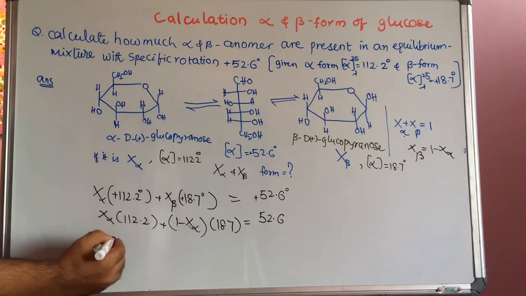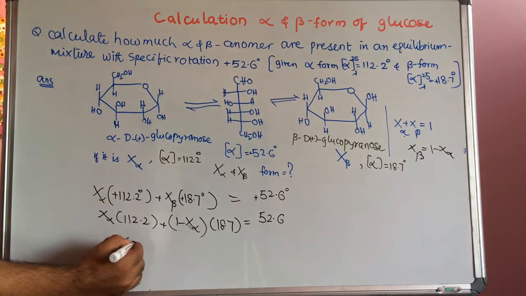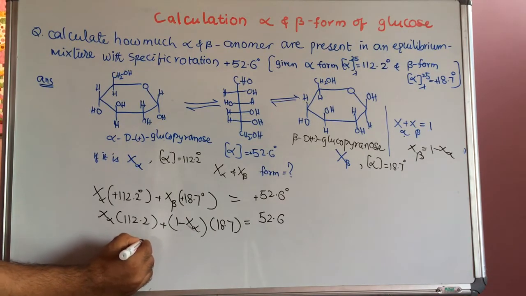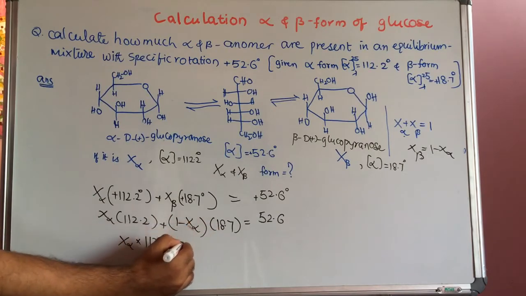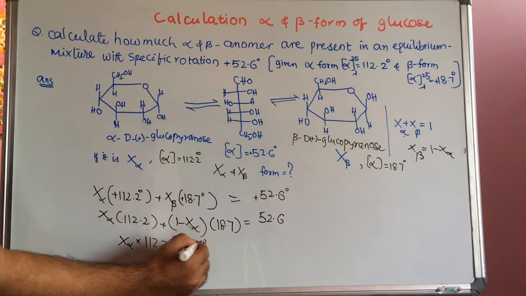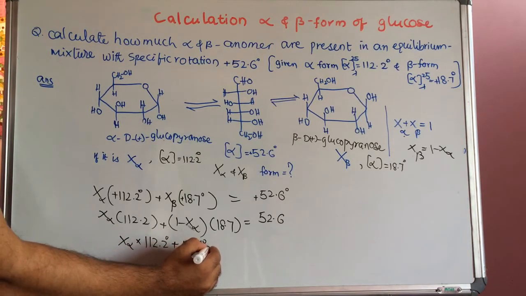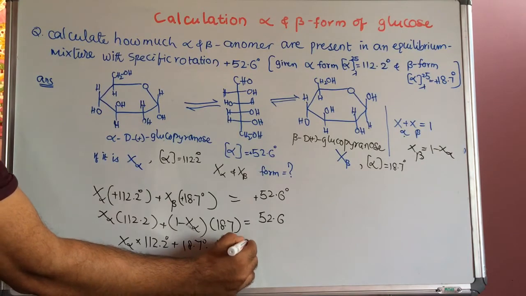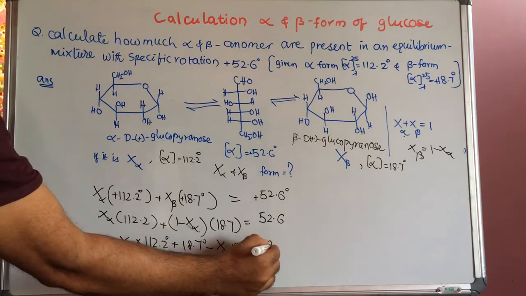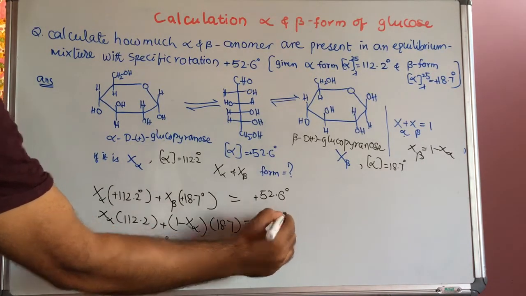If you multiply, then we get x alpha into 112.2 plus 1 into 18.7 degree, minus x alpha into 18.7 degree, equal to 52.6 degree.